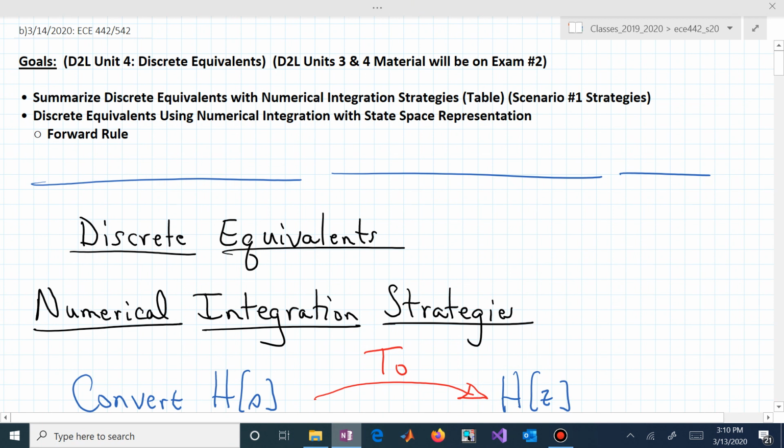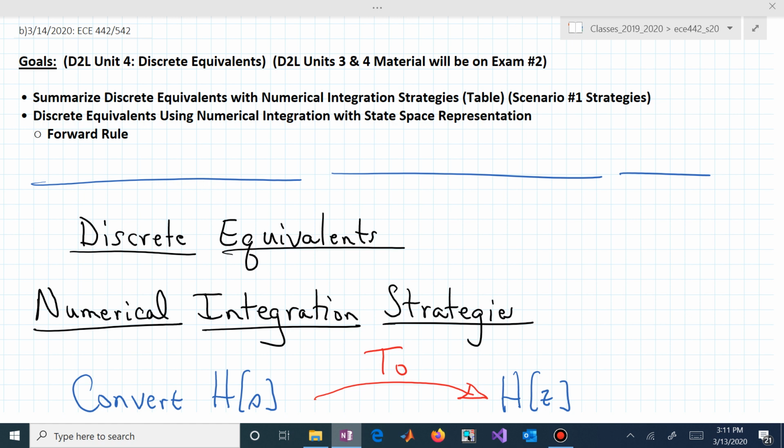In this discrete equivalent session, we are going to be looking at doing the numerical integration strategy in a state space representation. So here in this piece, let me go ahead and summarize what we have already derived based on numerical integration for the forward, the backward, and the bilinear or trapezoidal strategy in a table.